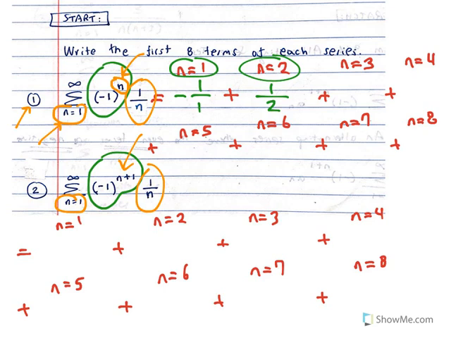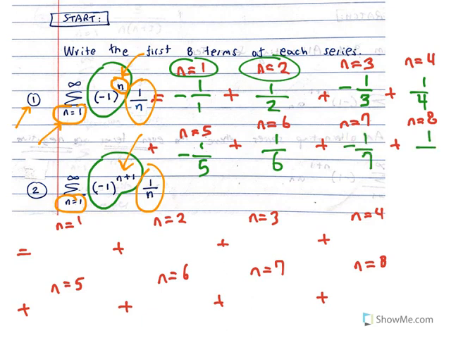And then for n is equal to 3, negative 1 to the third power is negative 1, so we get negative 1 over 3, and so on. So this is what is going on here in the first series, and it is an alternating series because you can see that you have an alternation of signs between positive terms and negative terms.